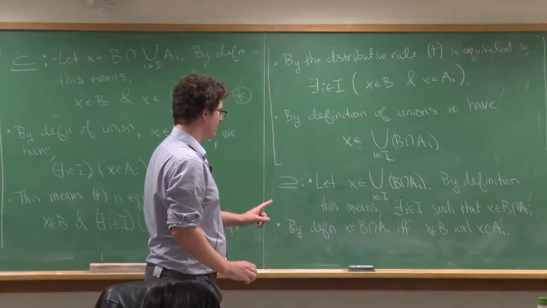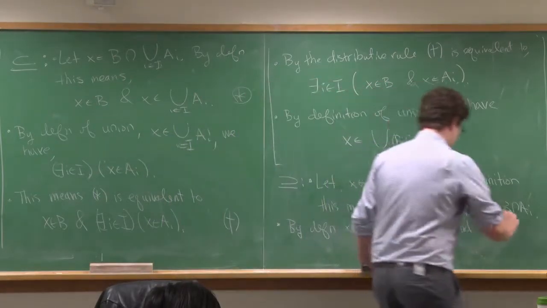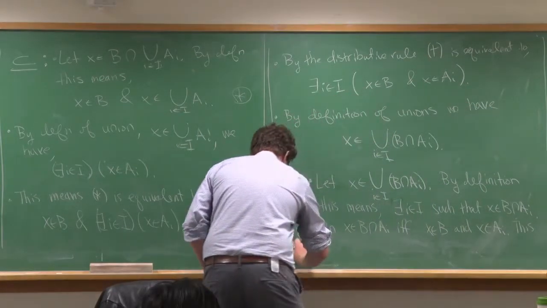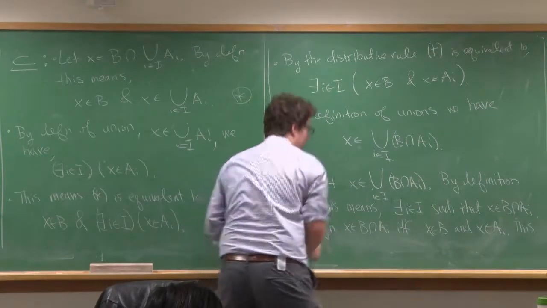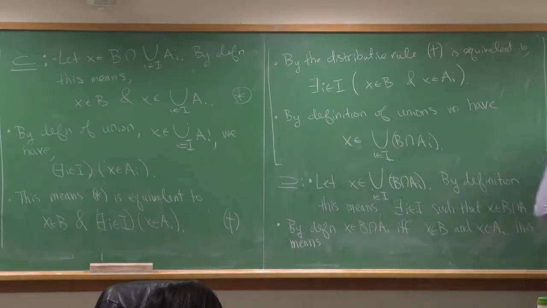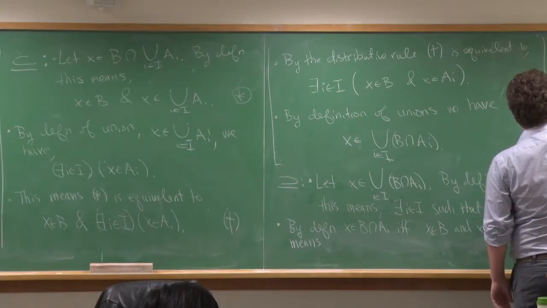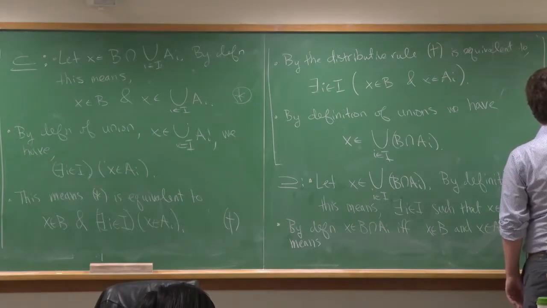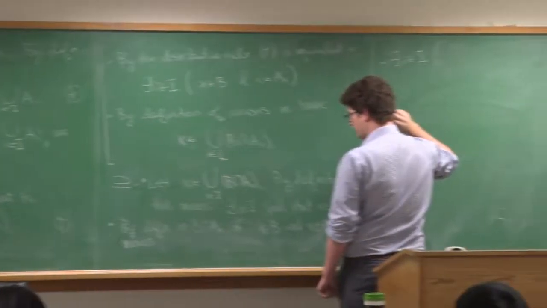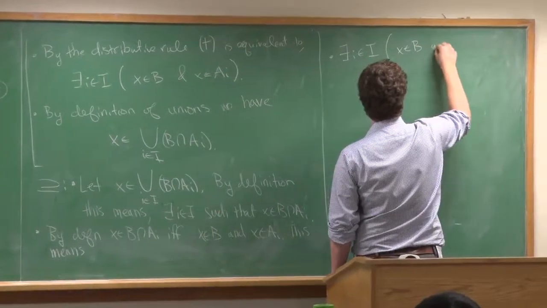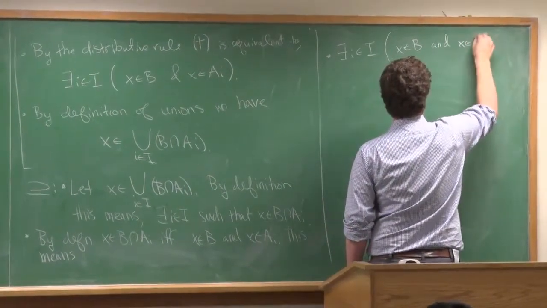So the above line means that there exists some I, an element of I, such that X is an element of B and X is an element of AI.